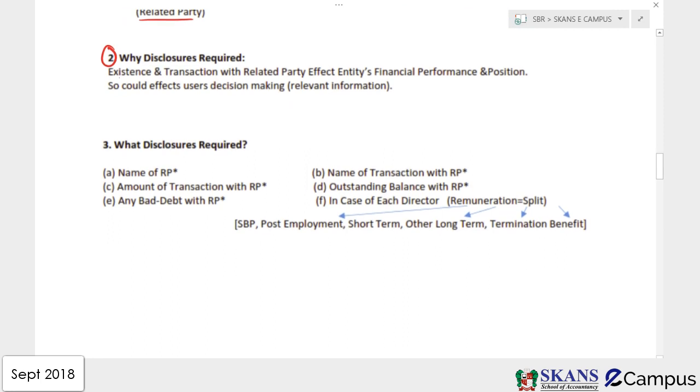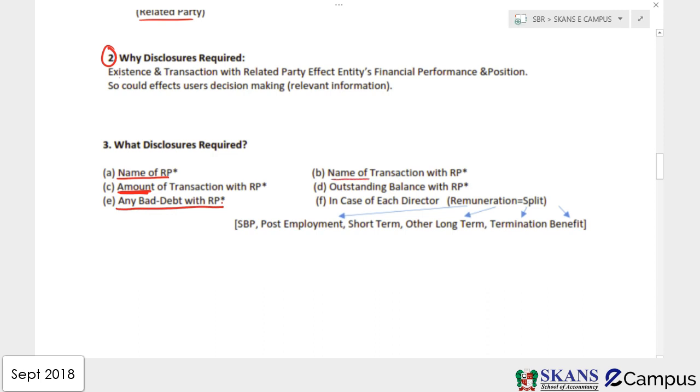Now guys, what disclosures are required? You need to give the names of related parties: how many related parties there are, and you will tell the names of those companies. Then the amount of transactions with related parties, what is the amount of transactions that you are doing. Then if there is any bad debt with a related party, you are going to tell them.